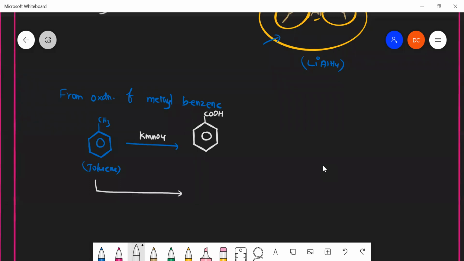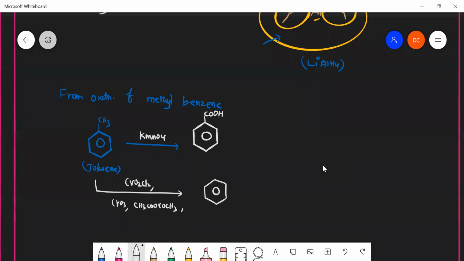But if we use a weak oxidizing agent, what can we get? Either CrO2Cl2, chromyl chloride, or CrO3 with acetic anhydride, chromic acid and acid anhydride. If I use this, I get benzaldehyde as my product.